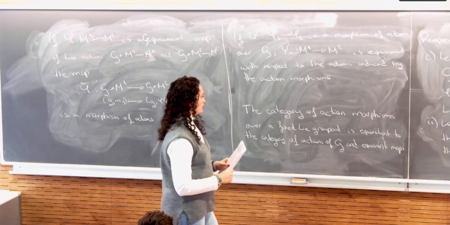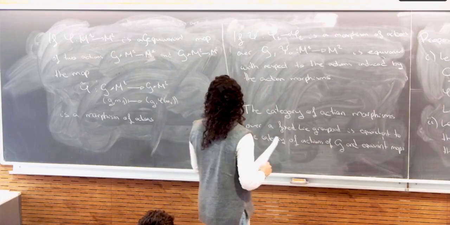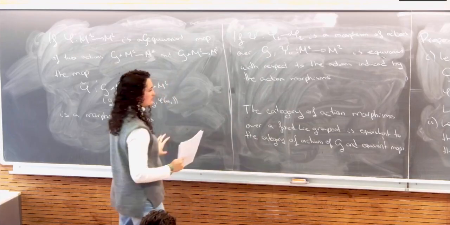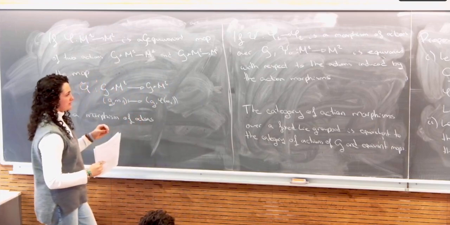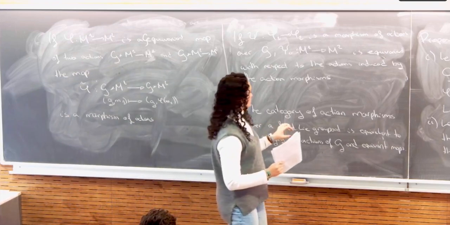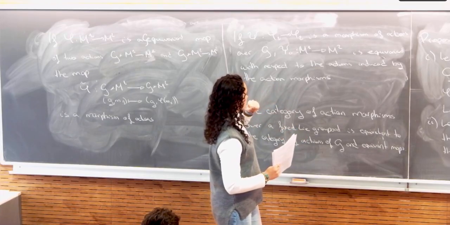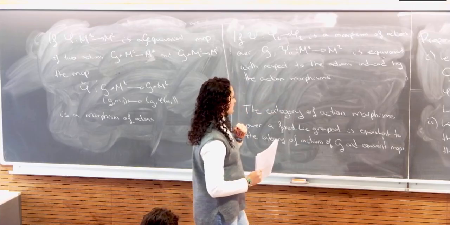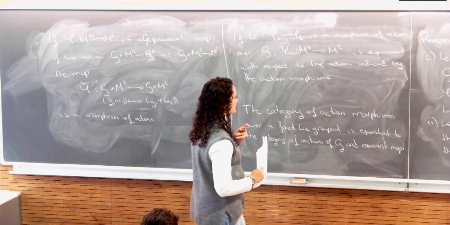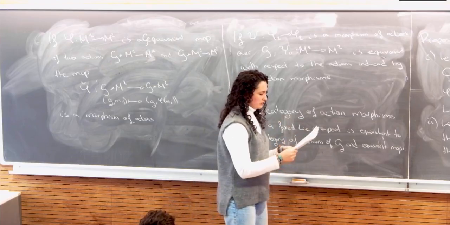Because if we have two actions and an equivariant map, we are in this scenario. So we constructed the action morphism, and if we have an action morphism over a fixed Lie groupoid, we are in this case, and we stated that there is an equivariant map between the two actions of the groupoid.